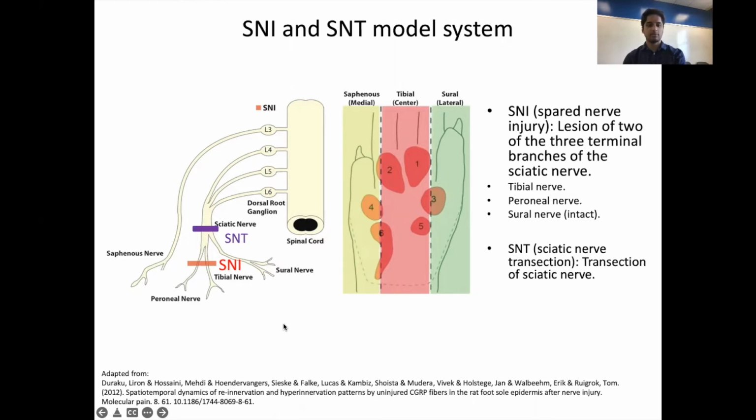The spared nerve injury, or SNI model, allows us to compare the expression of Lin28 and other proteins between injured fibers from the tibial and peroneal nerve and uninjured fibers from the sural nerve on the same side, the ipsilateral side to the injury.